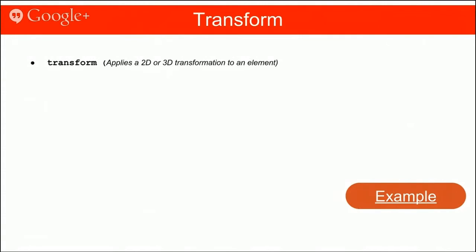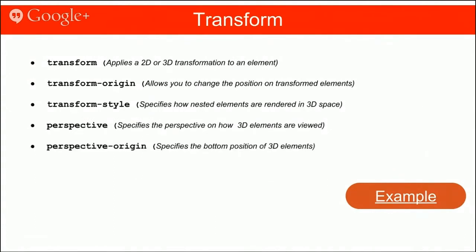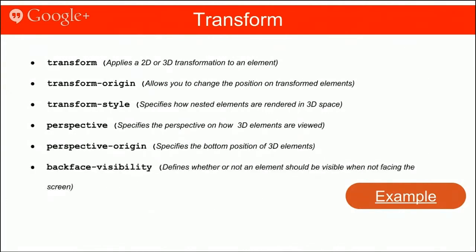Those are transform origin, the other one is transform style, perspective, perspective origin, and the last one is backface visibility. So these are the properties of transform. Now let's move to an example slide explaining these properties in detail. So let's move to the slide.